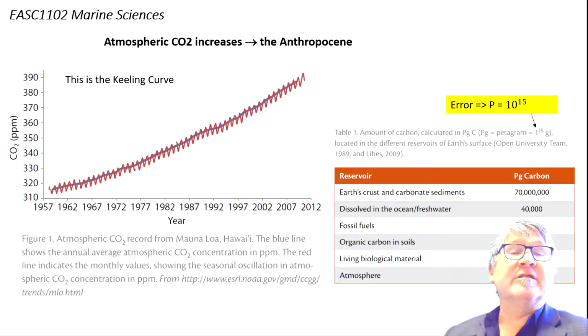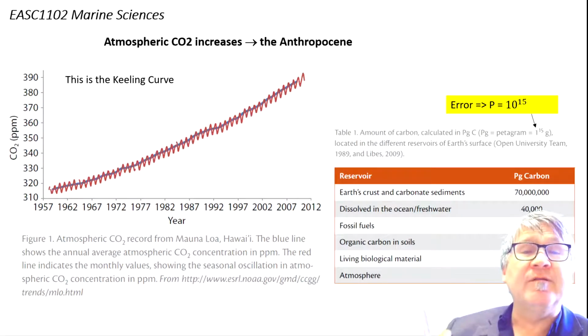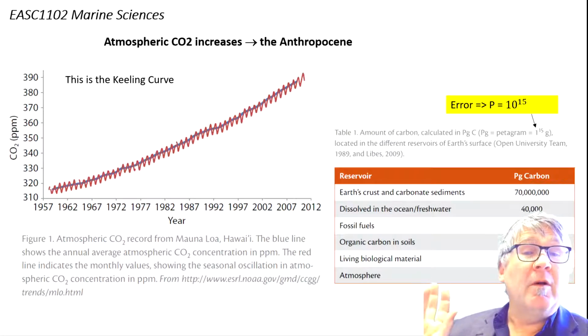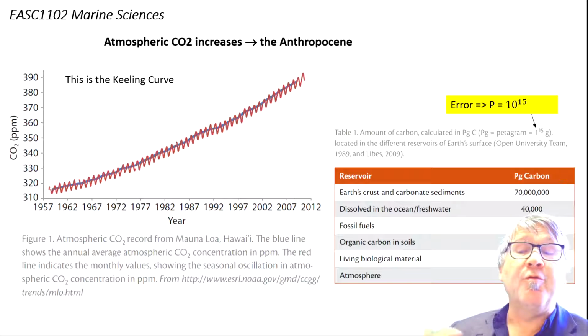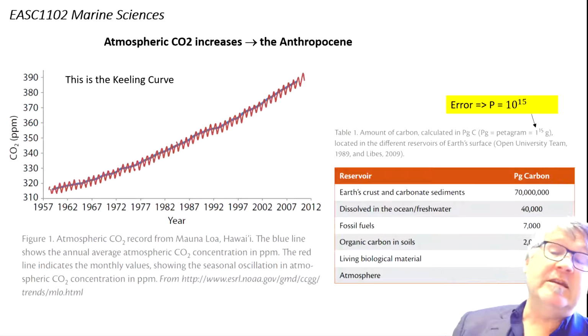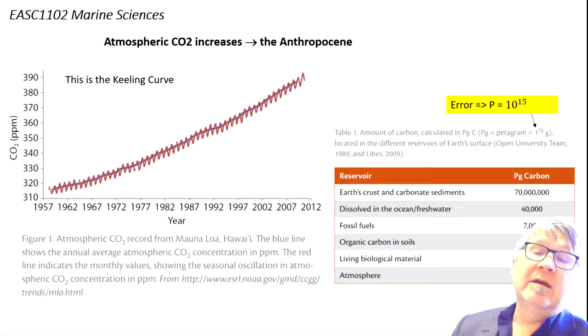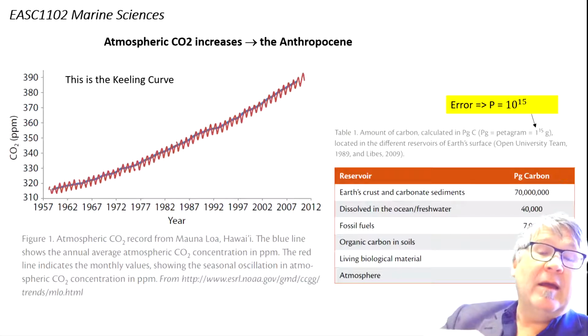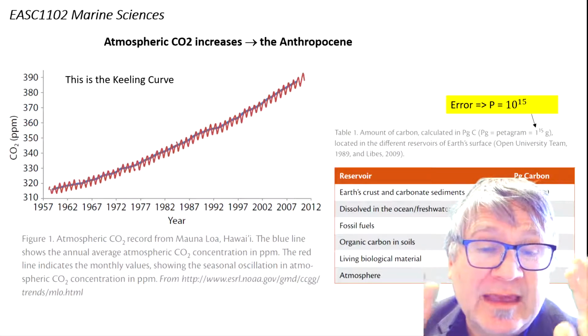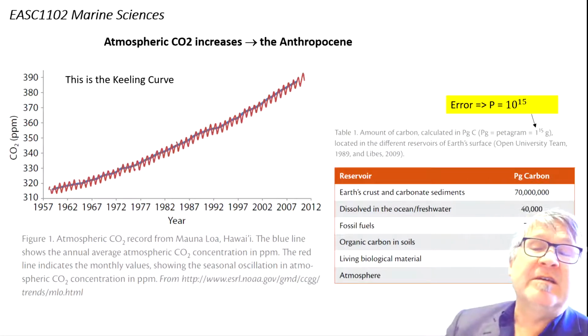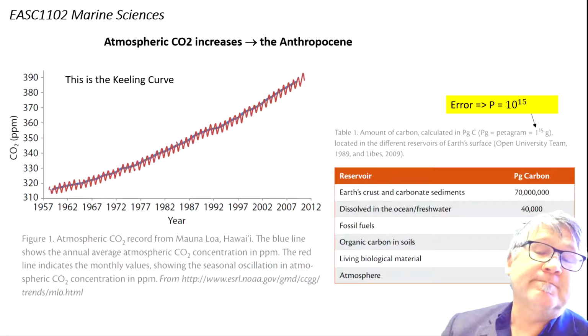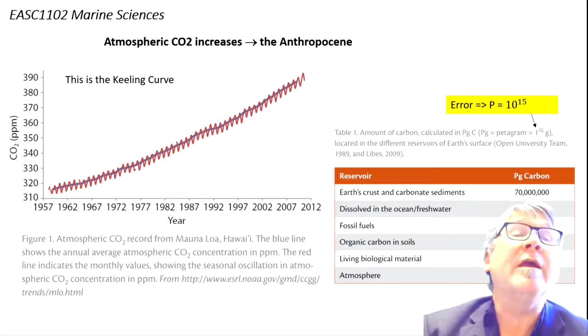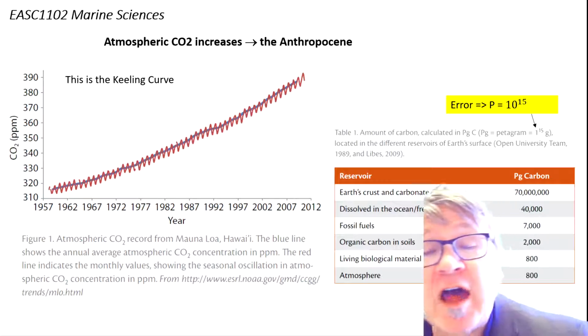The key feature of this curve is a positive trend, an increase from a value of 315 parts per million until the end of this time series to about 390. And now we are already past 400.